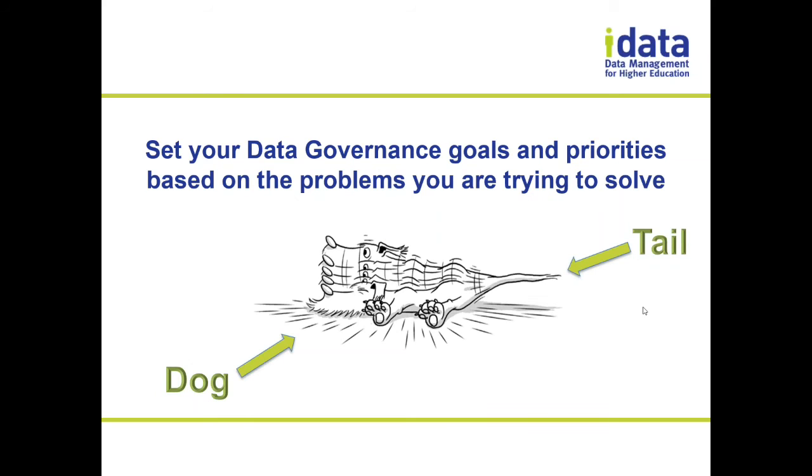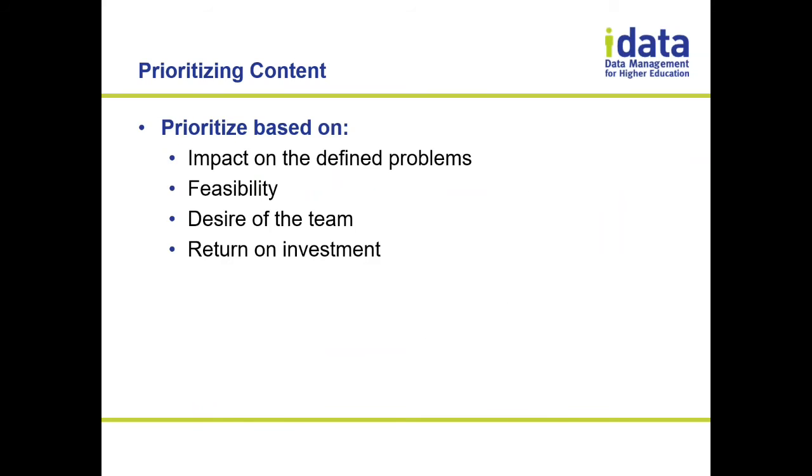So you want to set your data governance goals around what content and what part of the framework you want to focus your energy on. You set those priorities based on what problems they'll solve. You really want to prioritize which content you focus on first based on the impact on those defined problems.